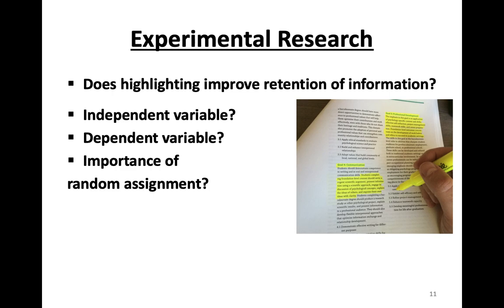Some people might be the people that are better at highlighting anyway, and are used to it and are skilled at it, they might gravitate towards that highlighter condition, in which case we see that they have really good memory and really good retention, but it just had to do with they were skilled at using a highlighter anyway.